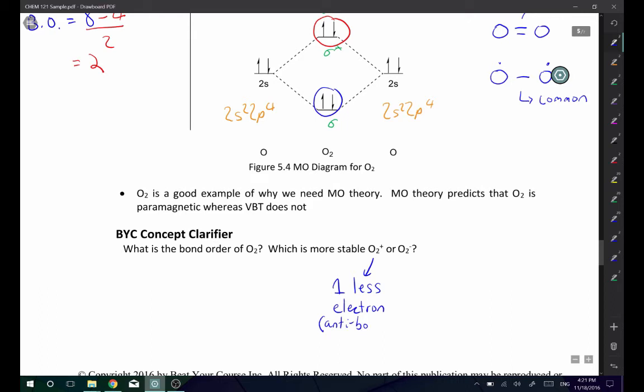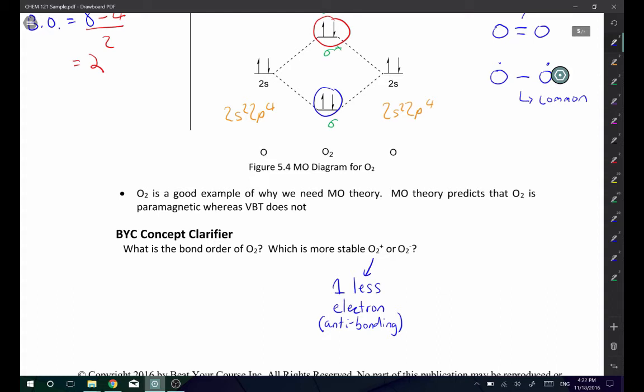If you have one less anti-bonding electron, will that strengthen your bond or weaken your bond? I'm just going to pause to see if you can figure this out. If you're losing anti-bonding electrons, that's going to strengthen the bond, okay? Anti-bonding electrons want to dissipate the bond, so if you have less of them, that's better. So this will make it stronger. And if it's stronger, it's more stable.